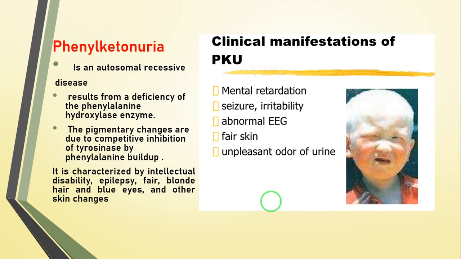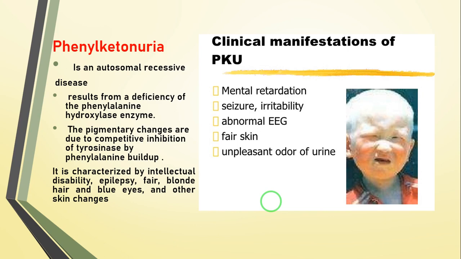So the enzyme that converts the phenylalanine to tyrosine will be decreased in this disorder. In addition, the excessive amount of phenylalanine, because it is not converted to tyrosine, will inhibit the enzyme tyrosinase. And because the enzyme is inhibited and tyrosine may not be available in large quantity, the conversion of the tyrosine to melanin by the enzyme tyrosinase will be inhibited.